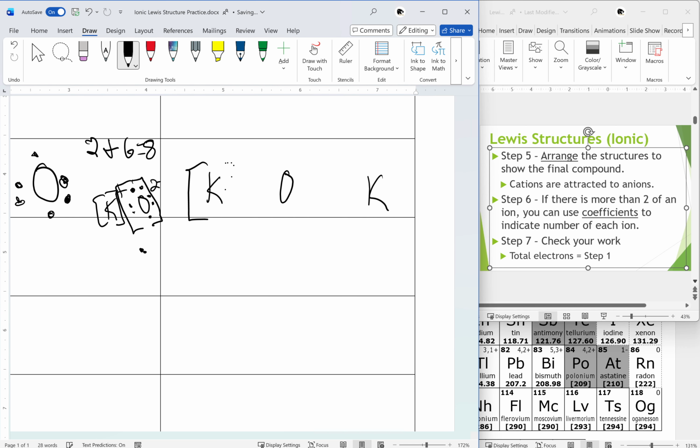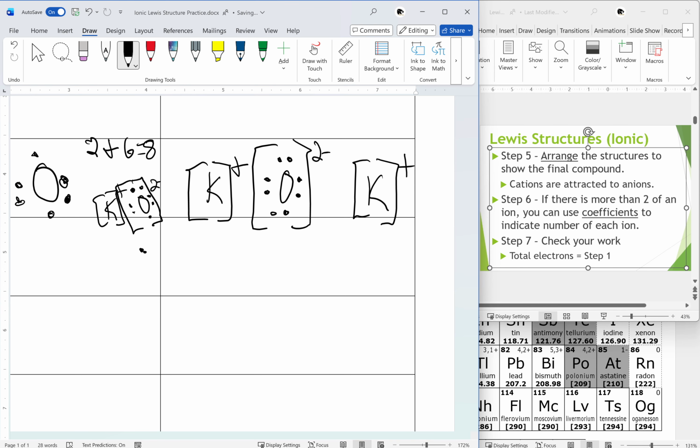You draw with your brackets and your charge. Both of my potassiums lost 1 electron. My oxygen started with 6, gained 2, so it should have 8 electrons. The charge tells you how many it gained.